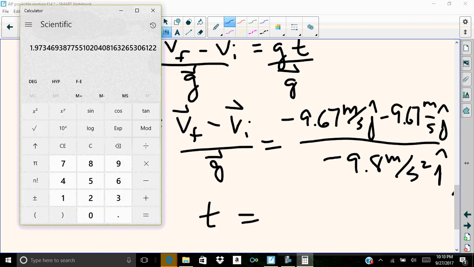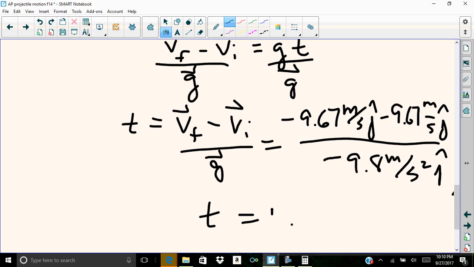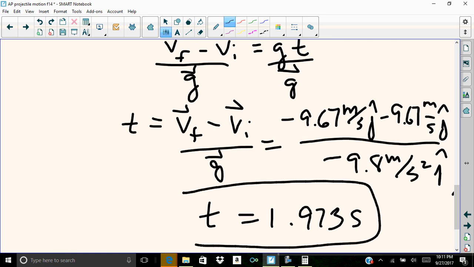So my time is going to be 1.973. And it's only this number because I'm dividing by 9.8, which is a constant. So I ended up with 4 sig figs.